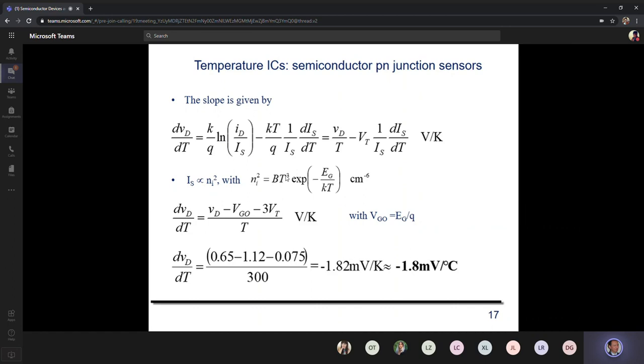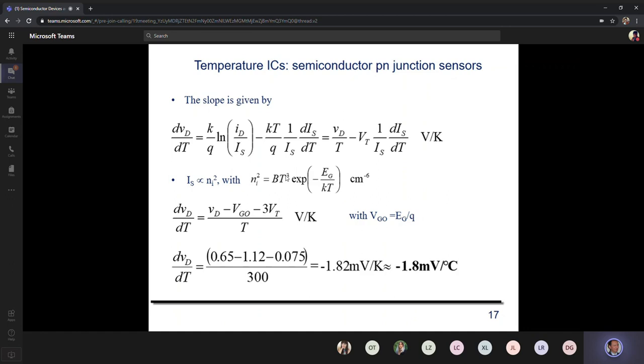Now we can place numbers in place of these constants. Okay, so if you consider the case in which the p-n junction is made of silicon, and then you assume room temperature, and then you assume that the bias condition from which you start the measurement is such that the voltage across the p-n junction is near threshold, okay?